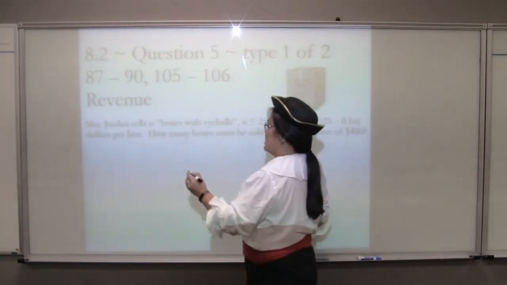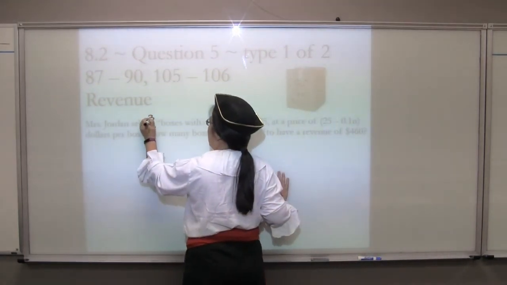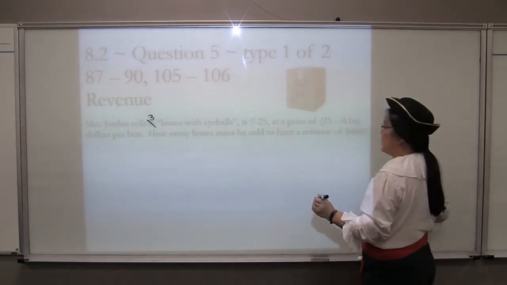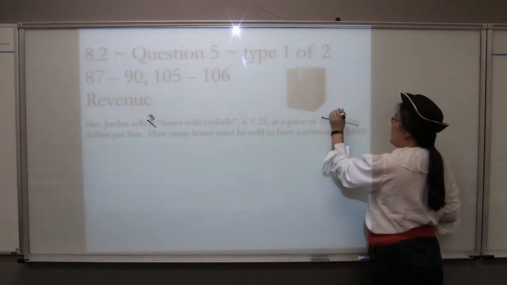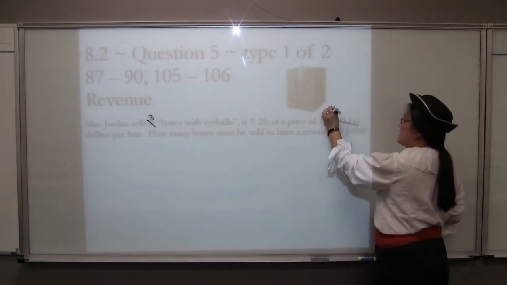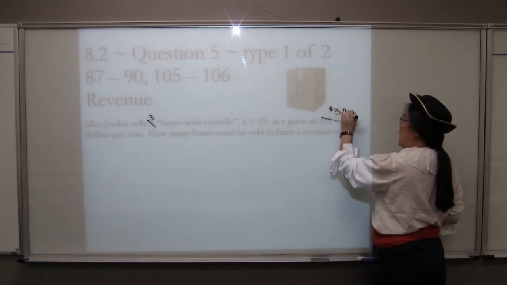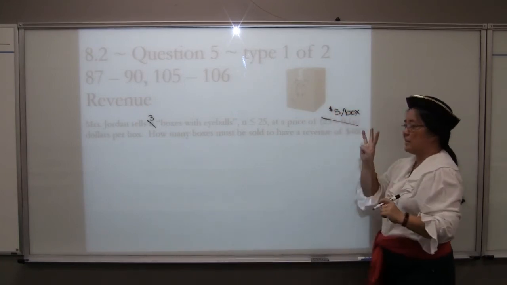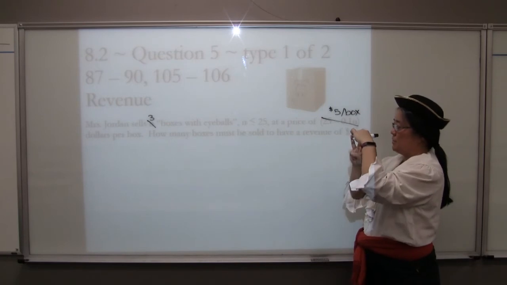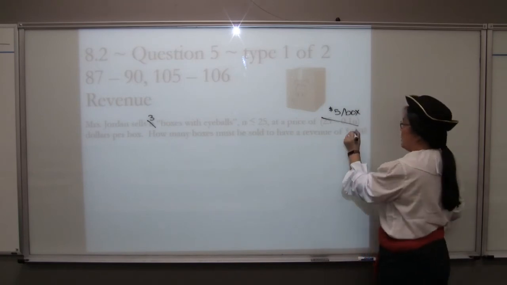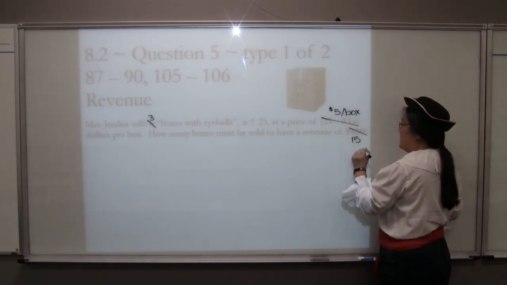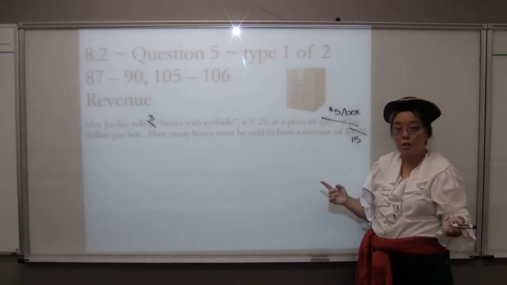Mrs. Jordan sells 3 boxes with eyeballs at a price of $5 per box. How much money does she get selling 3 boxes at $5, $5, and $5? And you would get $15. How did you get that?